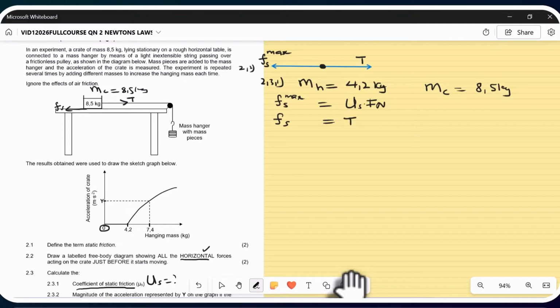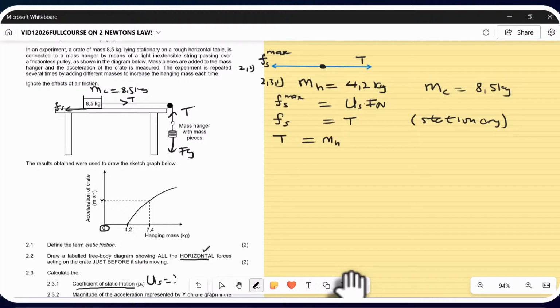So my tension T equals the force Fg, but this time this Fg should be the mass of the hanger times 9.8. That's how I find my tension.